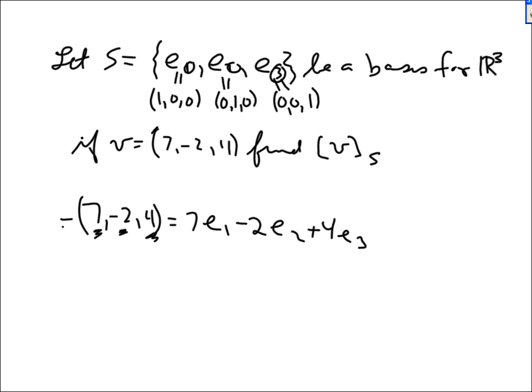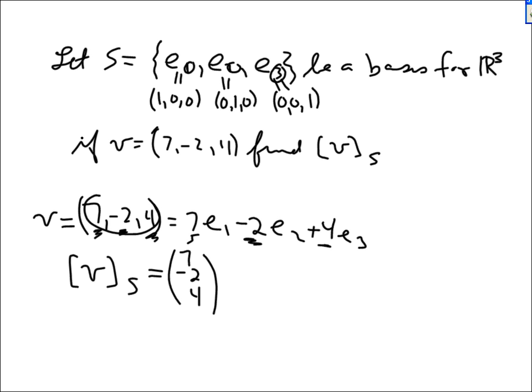So, call this vector v. So, v in brackets with respect to the basis S is just 7, -2, 4. It's those numbers, 7, -2, 4. So you really, really want this problem to be on a test. And this is going to be the technique for any natural basis, whether it's a natural basis for R3 or R23.